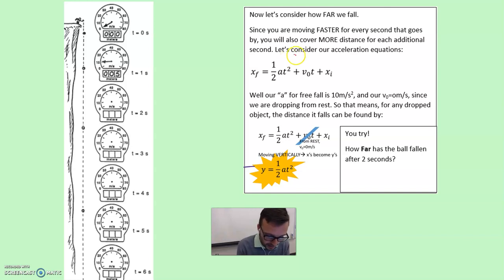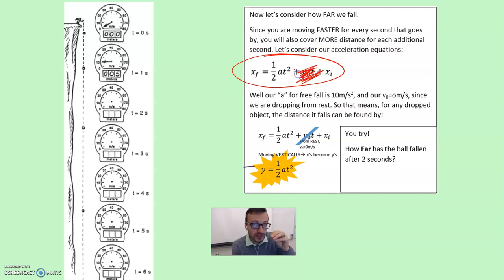Now, this comes from this equation, which is on our equation sheet, and it's under the Chapter 3 equations. But if we take this equation and we consider when you drop something, think about this. If you drop it from rest, what's your initial speed? It's 0, and 0 times time is 0. And we also say that if we drop something, if a problem doesn't tell us you need to specifically begin your problem at such and such a location, we can set the initial location equal to 0.